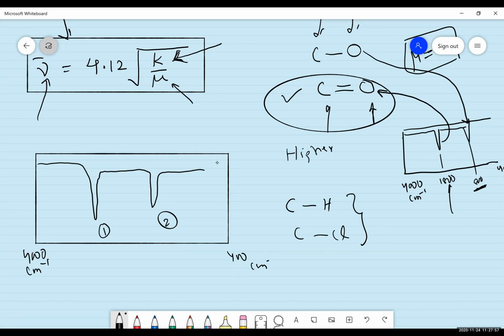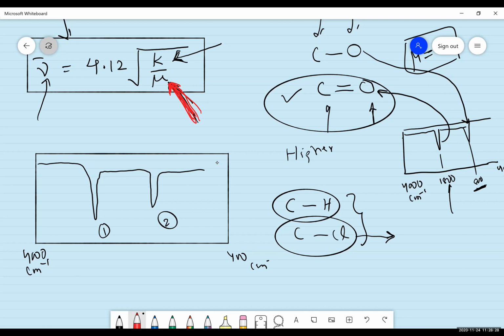How about the mass or reduced mass? Reduced mass is directly proportional to the total mass, by the way. So which one is heavier? The combined mass. CH heavier or CCl is heavier? Combined, CCl is heavier. And we know that heavier mass, so high mass means high mu.